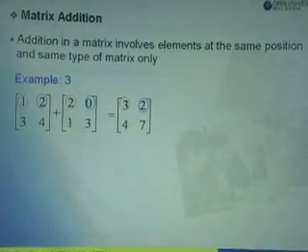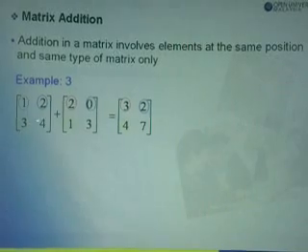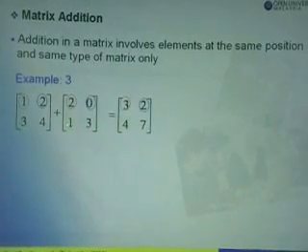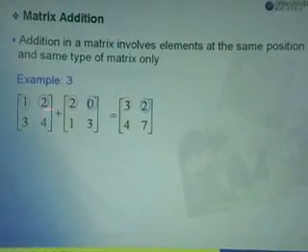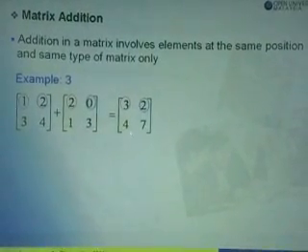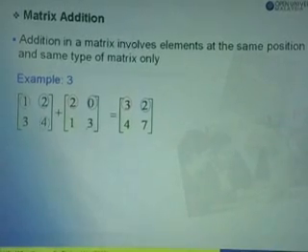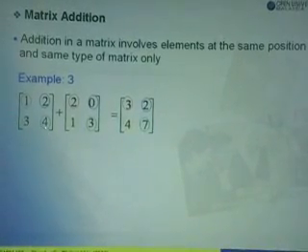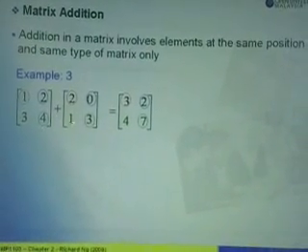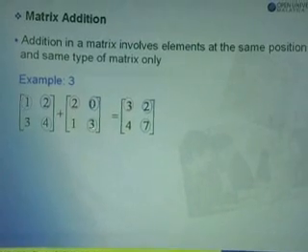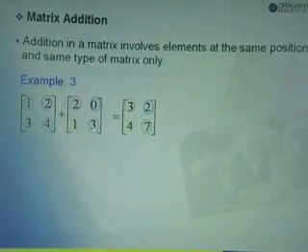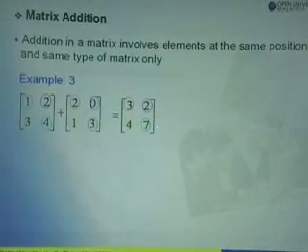The same goes for element 3 in matrix 1, add to element 3 in matrix 2, that will give us 3 plus 1 equals to 4. Next, we will take element 4, which is 4 plus element 4 in the second matrix, which is 3. So 4 plus 3 equals to 7.